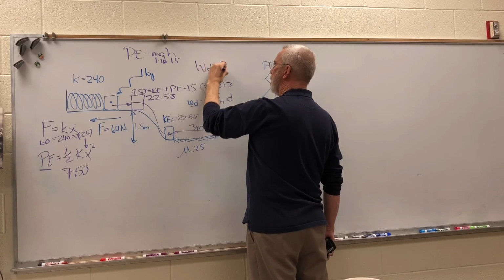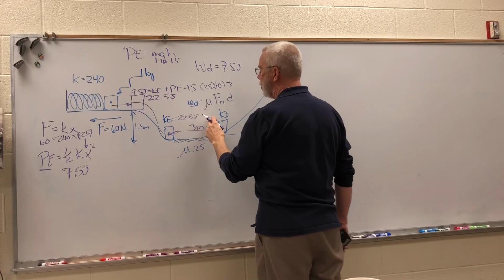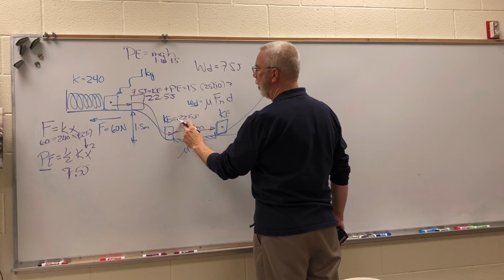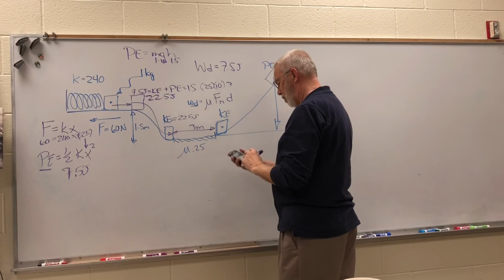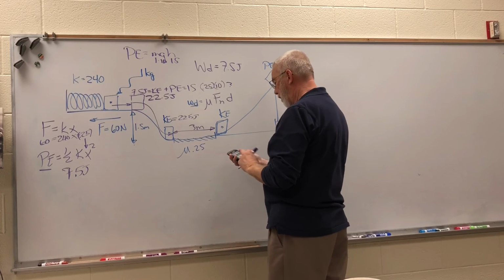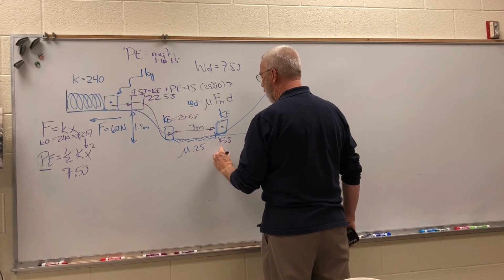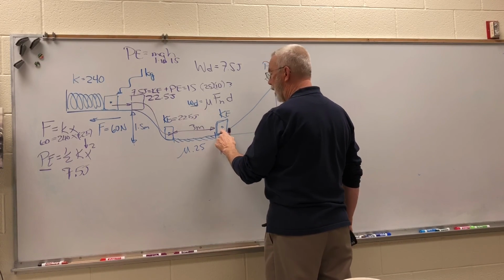The work done is going to be 7.5 joules. So it's going to take away 7.5 joules of that 22.5. So 22.5 minus 7.5 takes us back to 15 joules of kinetic energy right here after.